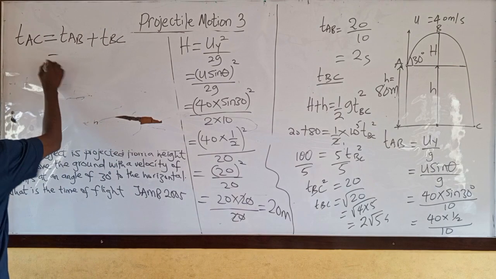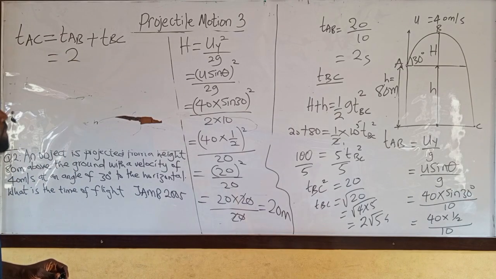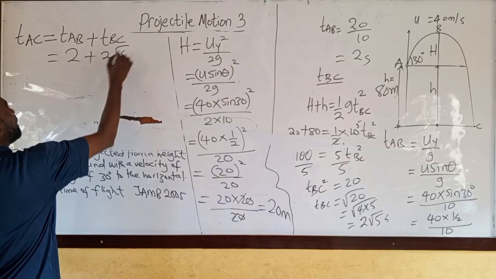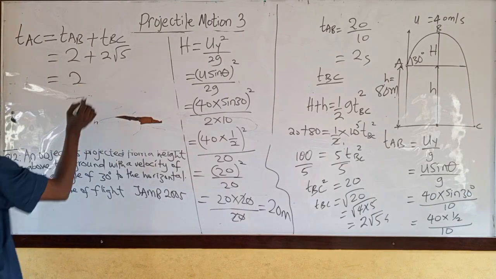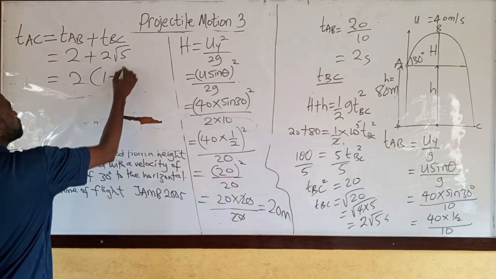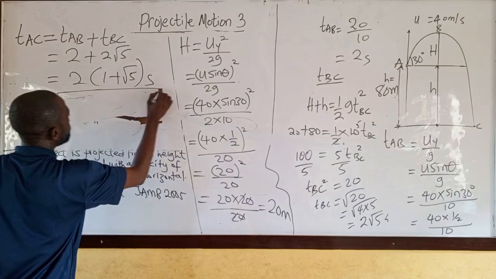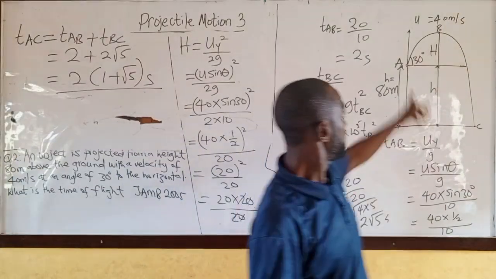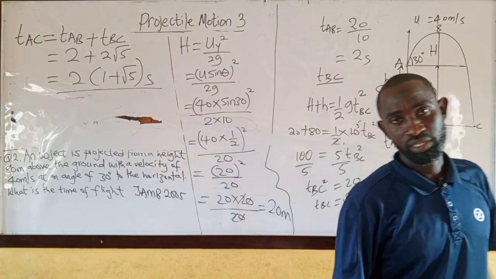That is 2 seconds. What is time from B to C? Plus 2 root 5. So everything now we can factor 2 out. Now we have 1 plus root 5. So this is the total time spent by the body from A to C.